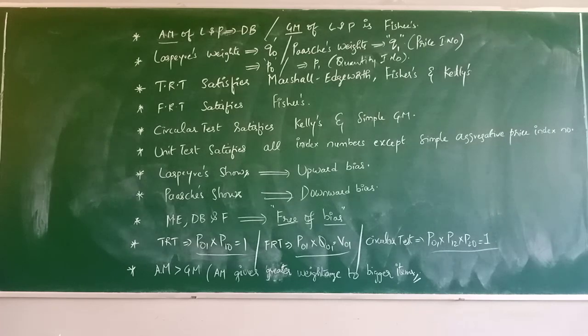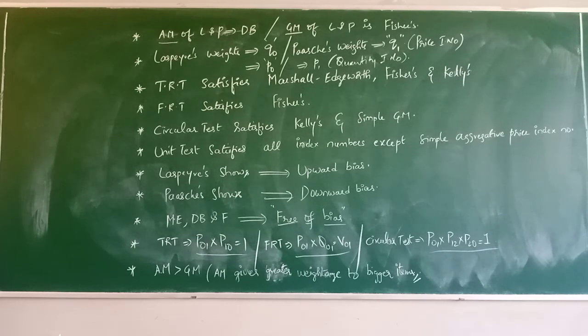And the last question is, why is the arithmetic mean always greater than the geometric mean? You need to write this statement: arithmetic mean gives greater weightage to bigger items. This one line is more than enough. See, for example, 1 plus 2 plus 1000, that is 1003, divided by 3.